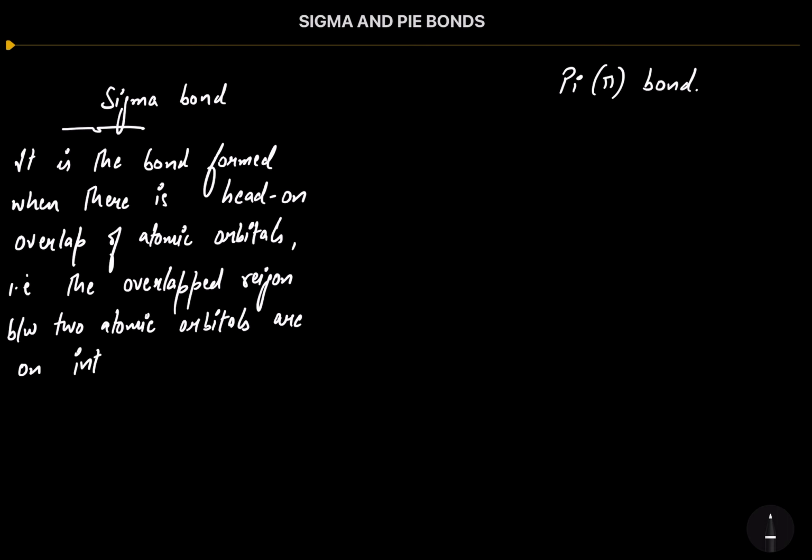The axis which is passing through both the nucleus is called internuclear axis, and the overlapped region of atomic orbital is present on internuclear axis. So let us understand this thing first.